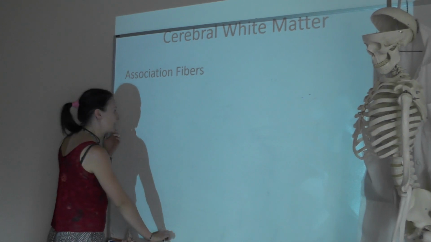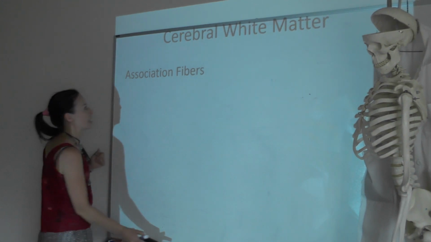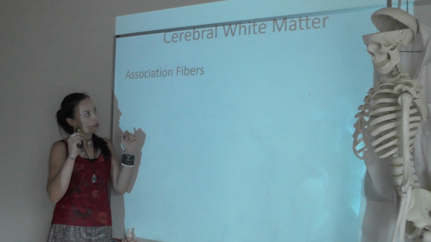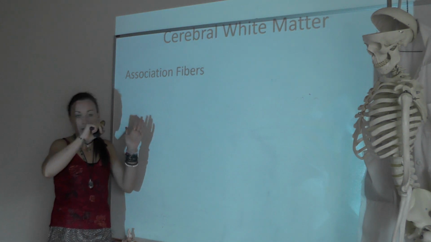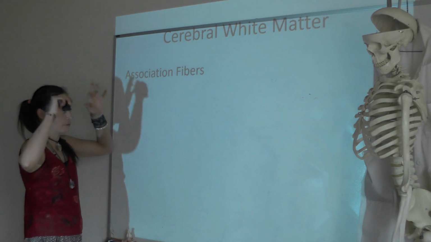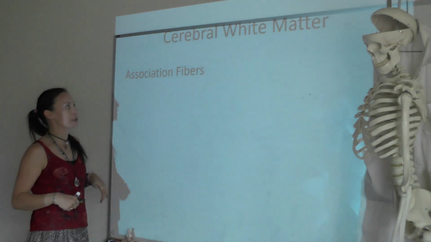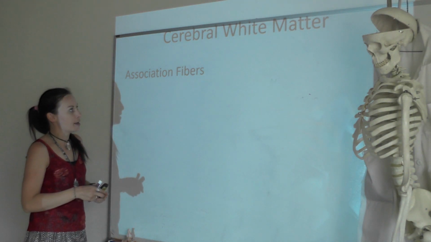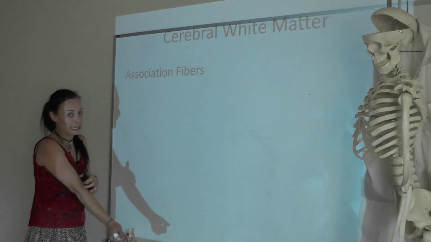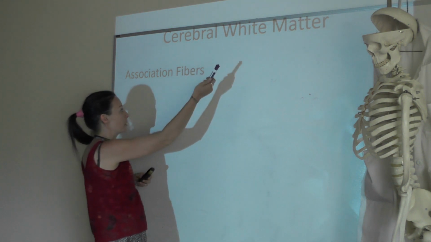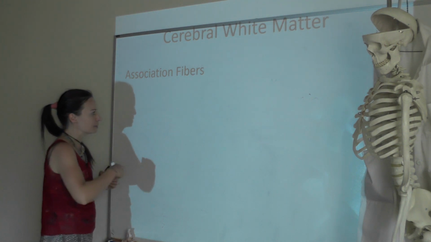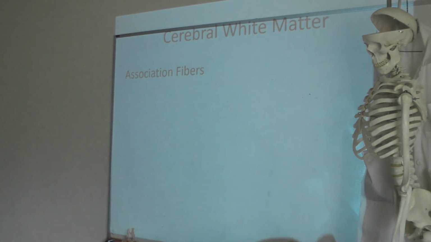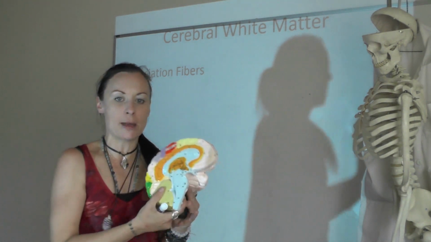Right, so running through the cerebrum, our neurons are communicating from one lobe to another, or from one hemisphere to another, or from a higher brain region to a lower brain region. And when they're doing that through myelinated axons, we find it in white matter, and we can find them in association fibers. Association fibers you find in the same hemisphere.